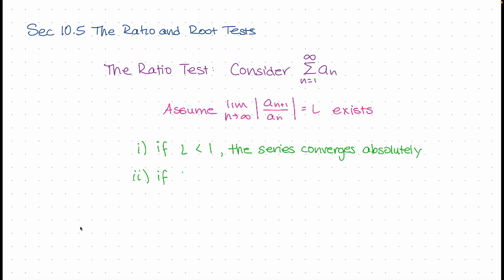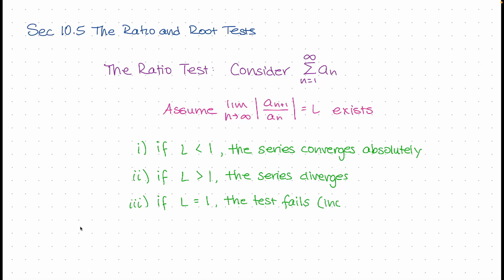If L is greater than 1, the series diverges. And what if the limit is equal to 1? The test fails. I know, right? Big fat F for the test. It's inconclusive. You have to try something else.